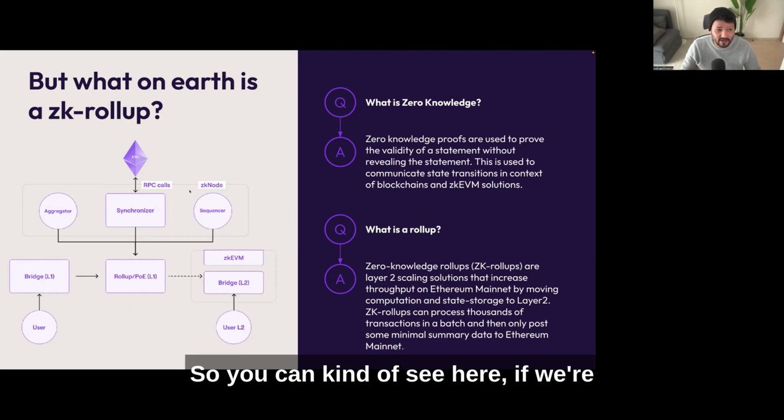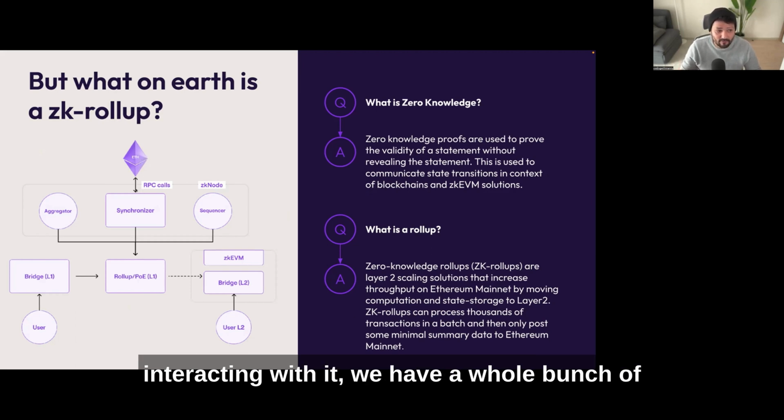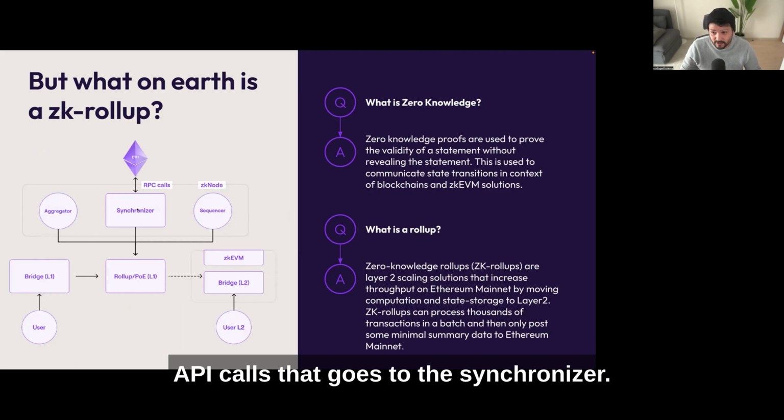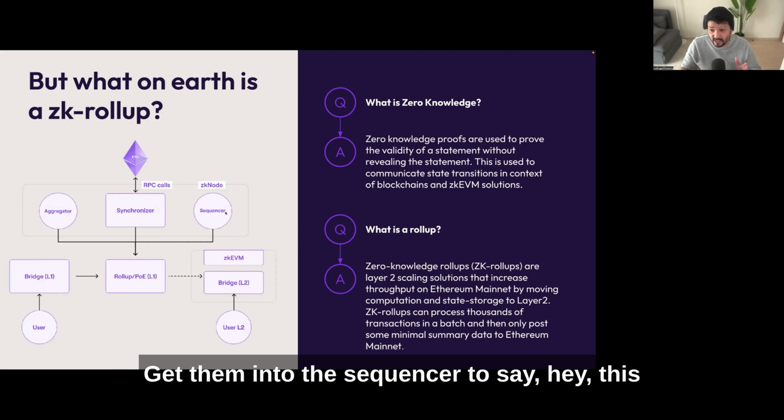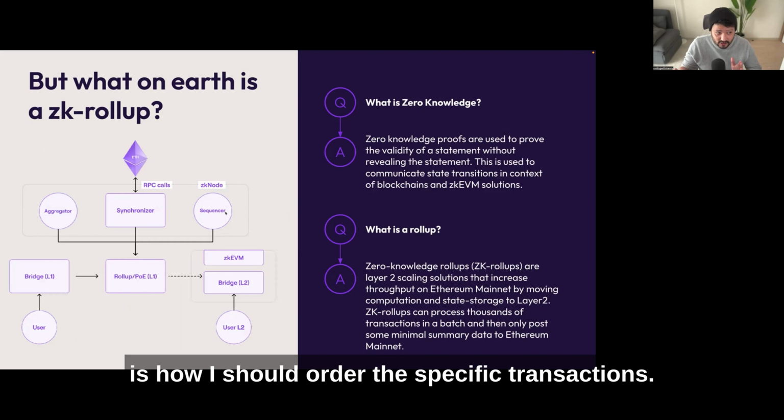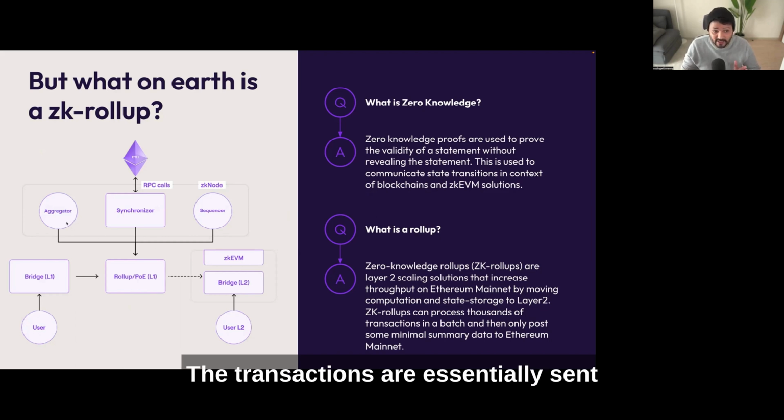So you can kind of see here, if we're interacting with it, we have a whole bunch of API calls that go to the synchronizer. It says, hey, how do I order these things, get them into the sequencer to say, hey, this is how I should order the specific transactions. The transactions are essentially sent over to the aggregator.